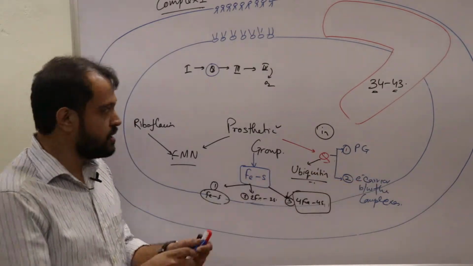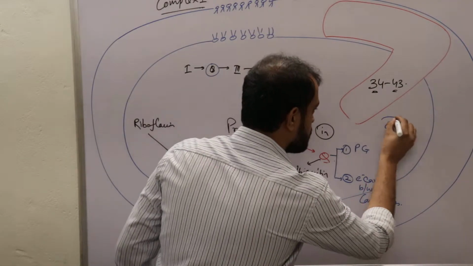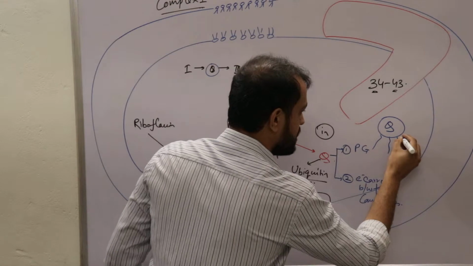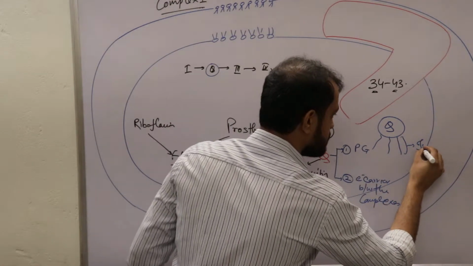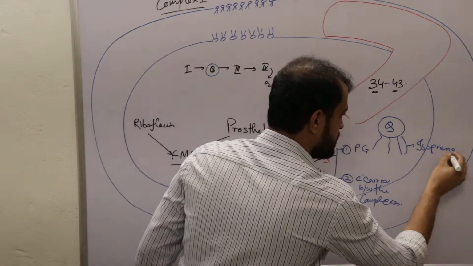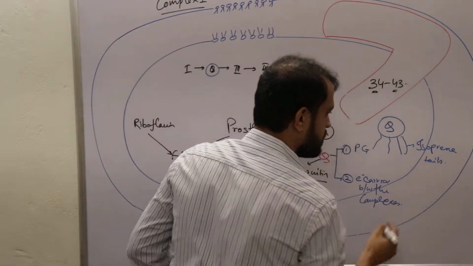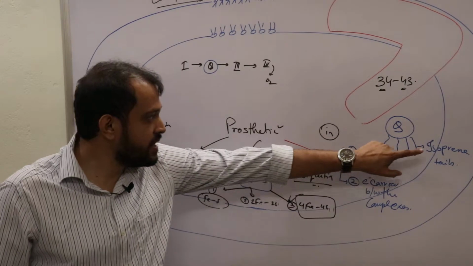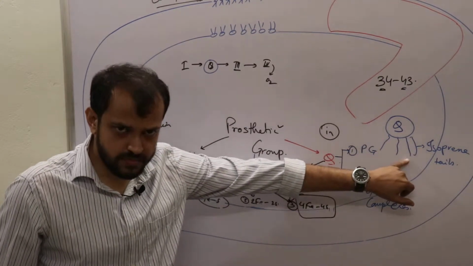Now listen, to this ubiquitin, some tails are there, and these are called isoprene tails. These are isoprene tails, right?